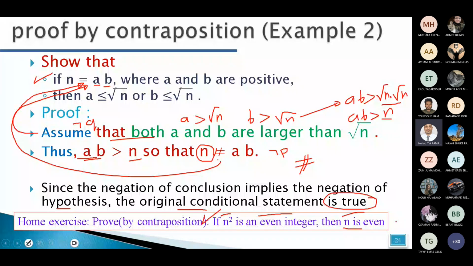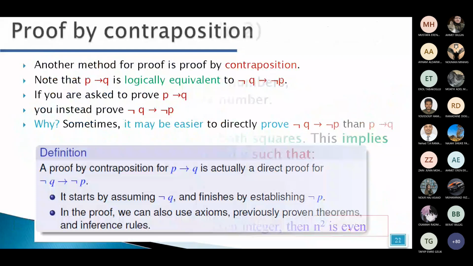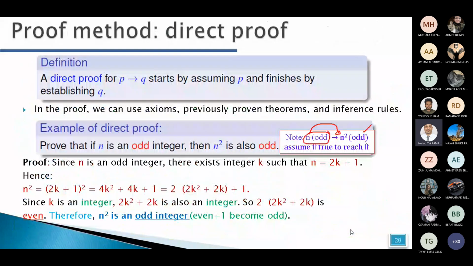This statement is very difficult to prove with a direct proof. That's why it's better to prove it with contraposition. Actually, the contraposition of this statement is the same proof as this direct proof.